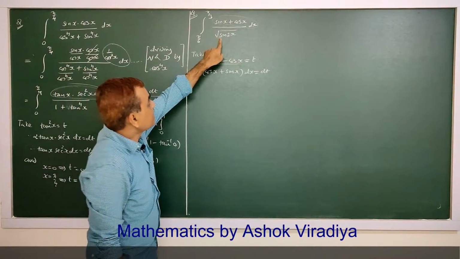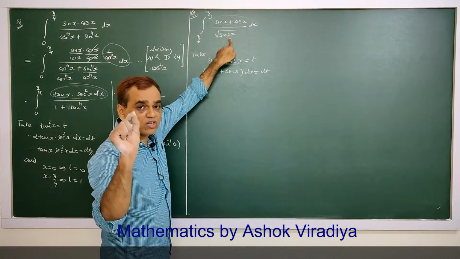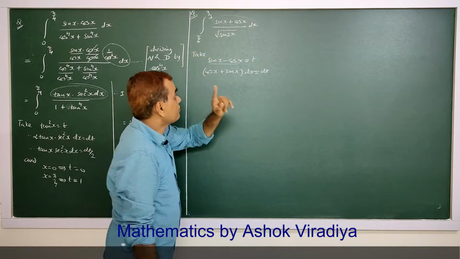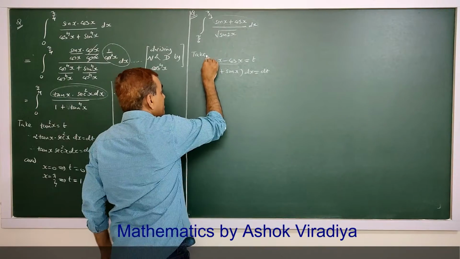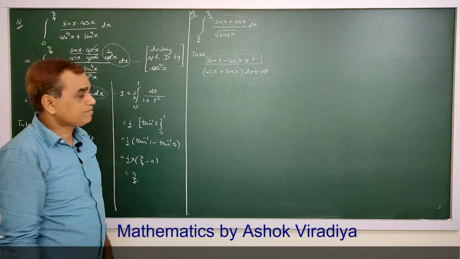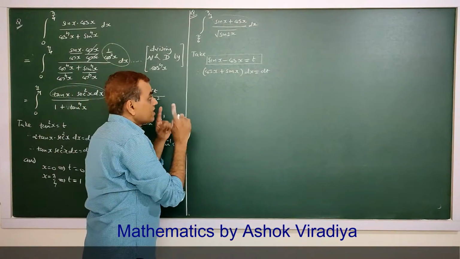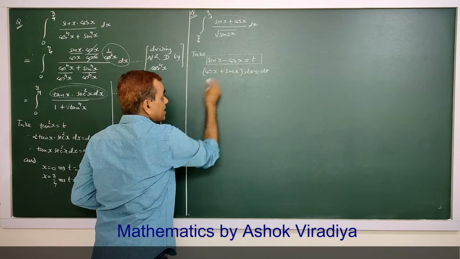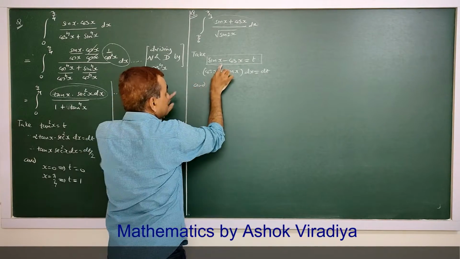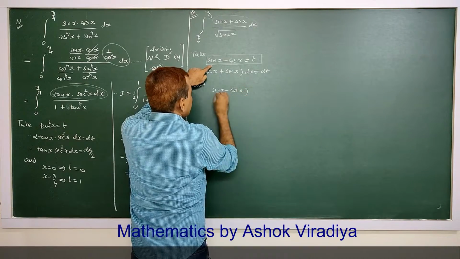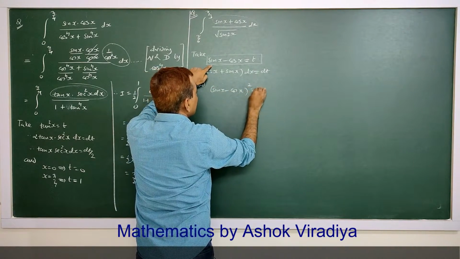Now what about sin 2x? It should also be converted in t. The value of sin 2x can be obtained from this substitution. Squaring both sides, sin x minus cos x whole square equals t square.